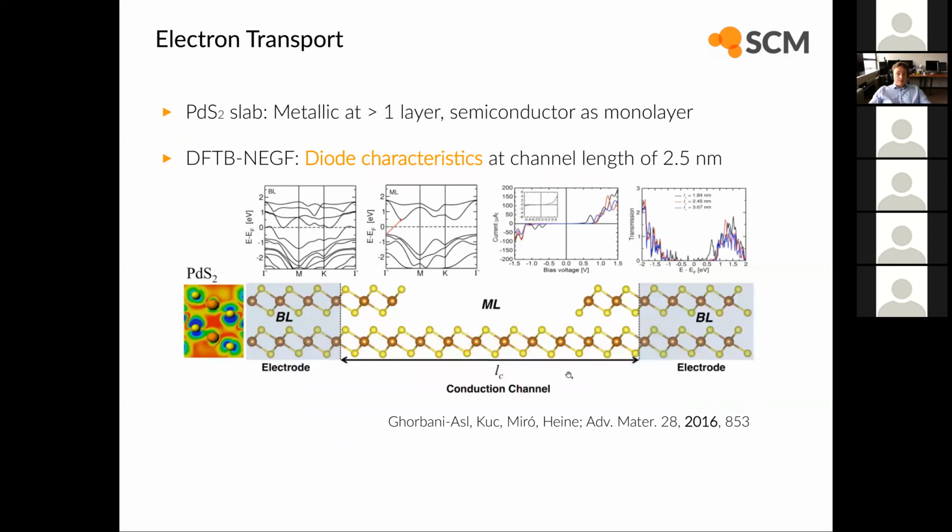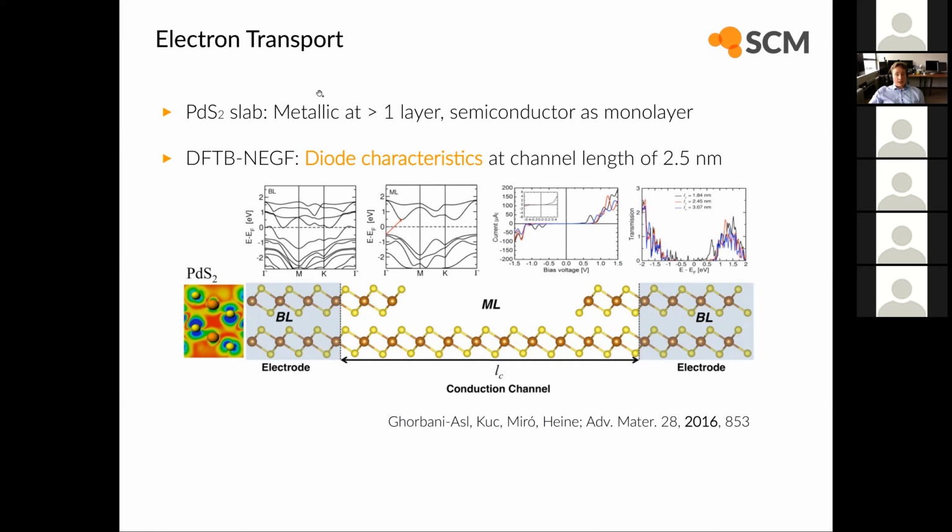An example, it moves away slightly from actual OLED materials, but is still an electronic device. This was studied by some of our co-workers or some of our collaborators, and they studied a palladium disulfide slab. That's quite an interesting material because it behaves as a metal if there's more than one layer of this 2D material, and when it occurs as a monolayer, it behaves as a semiconductor.